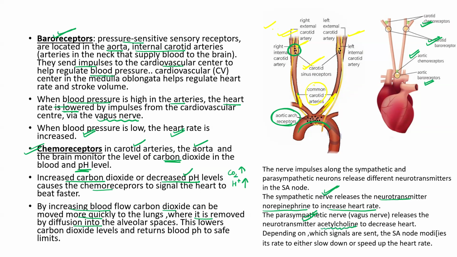Please note, norepinephrine is to increase, acetylcholine is to decrease the heartbeat. So whichever signal is coming, the SA node will modify its rate either to slow down or to increase the heart rate, meaning the cardiac output. Is it clear?